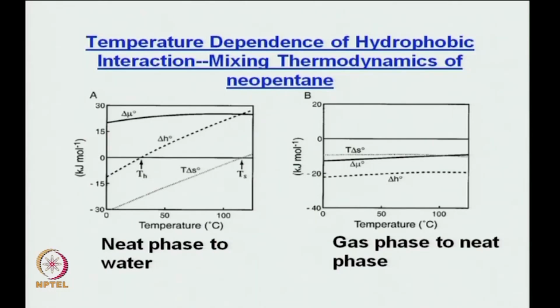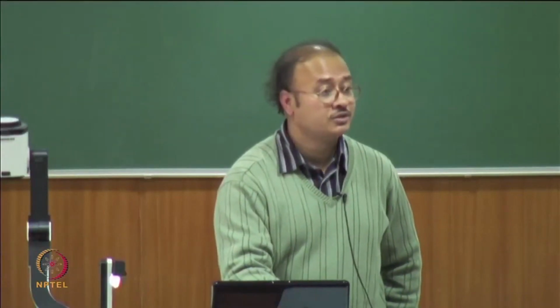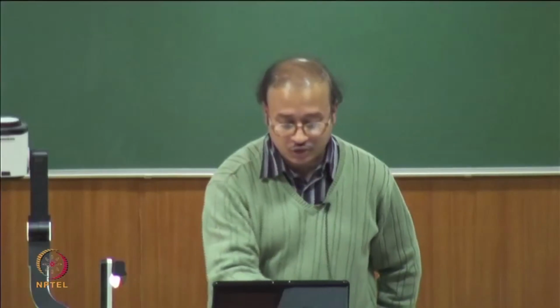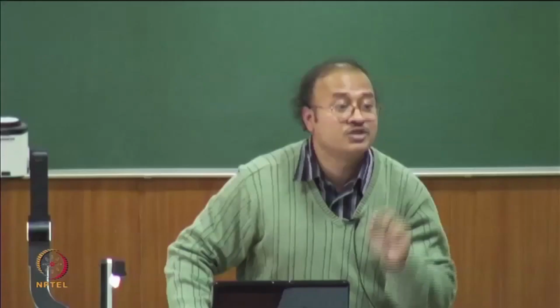Similarly, if you go over to the higher temperature side, what happens? You can see the entropy line T delta S 0 crosses 0 at this temperature Ts. So, Ts is defined as that temperature where the T delta S 0 goes to 0. So, now guys, you think about this, on the left side, at lower temperature your delta H 0 is 0, right. Hence, your contribution to delta G is what, essentially, entropic or enthalpic?